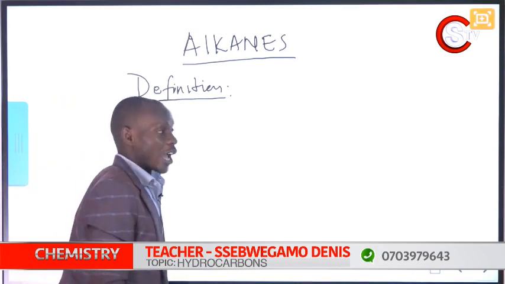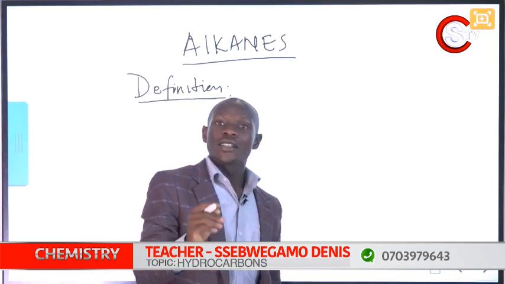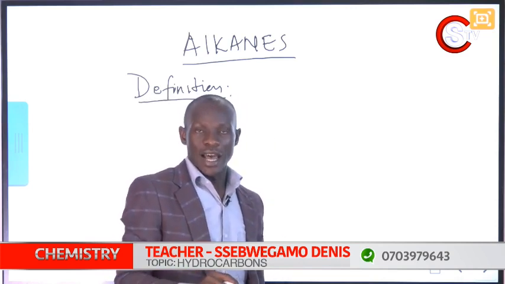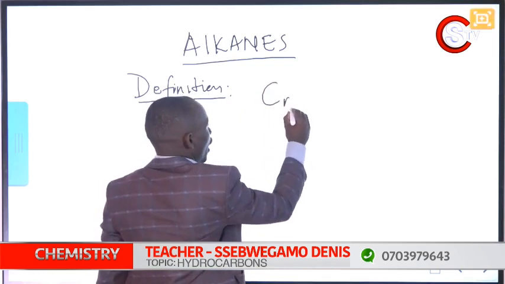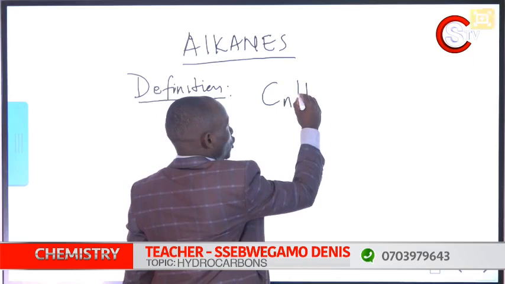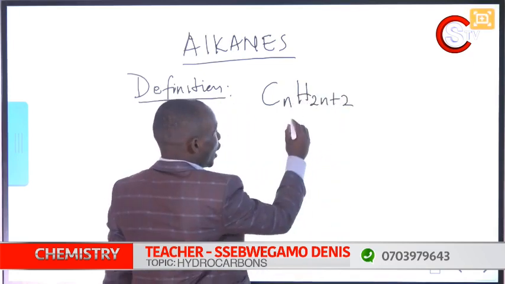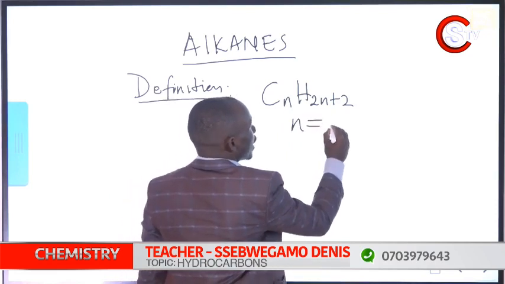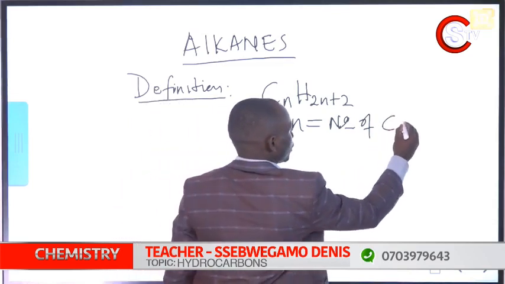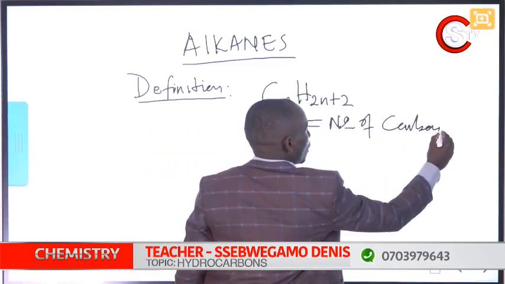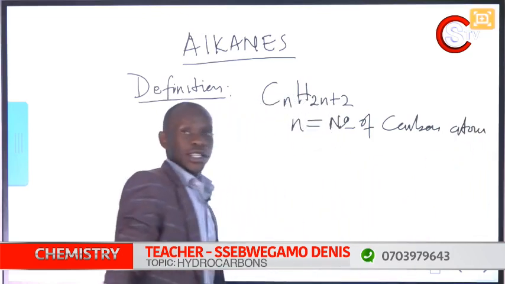Alkanes, first of all, are hydrocarbons, as we have said, but these hydrocarbons are saturated and they have a general formula of CnH2n+2, where n means the number of carbon atoms present in that compound.